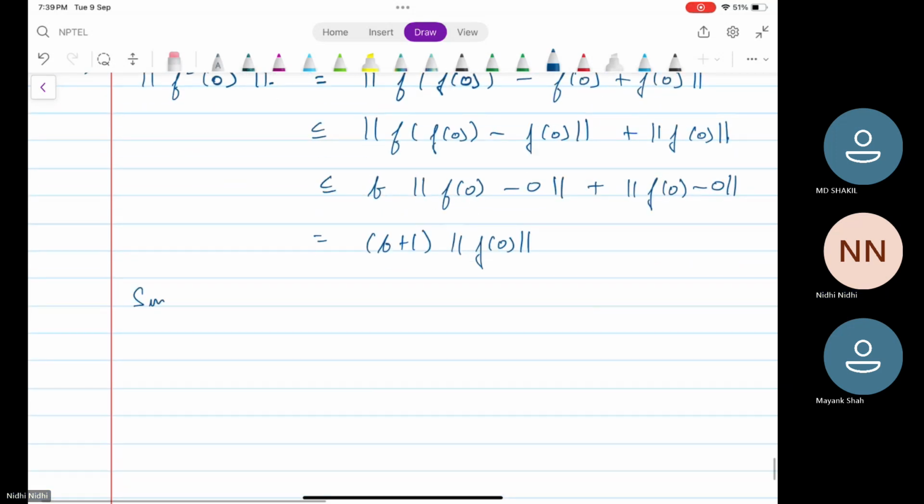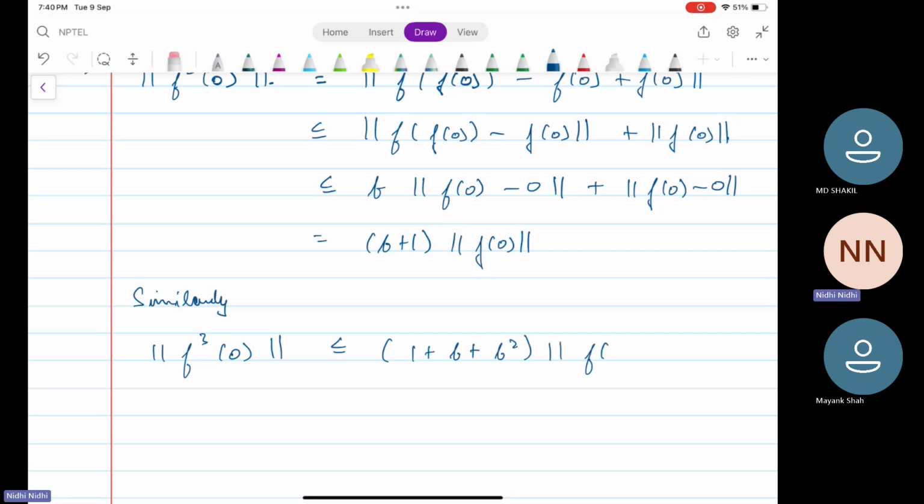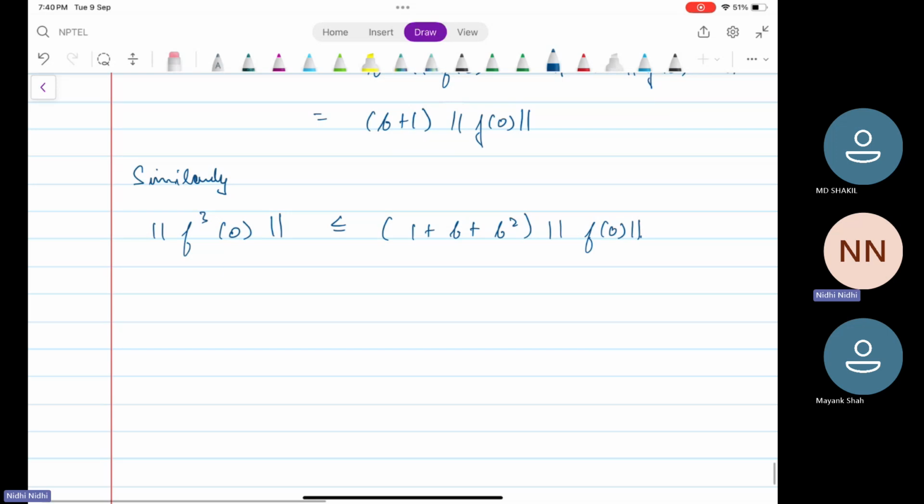Similarly, following a similar pattern, you'll get f cube of 0 will be less than or equal to (1 plus b plus b squared) times norm of f(0), and so on. f^n(0) will be less than or equal to (1 plus b plus so on up to b to the power n minus 1) times norm f(0).